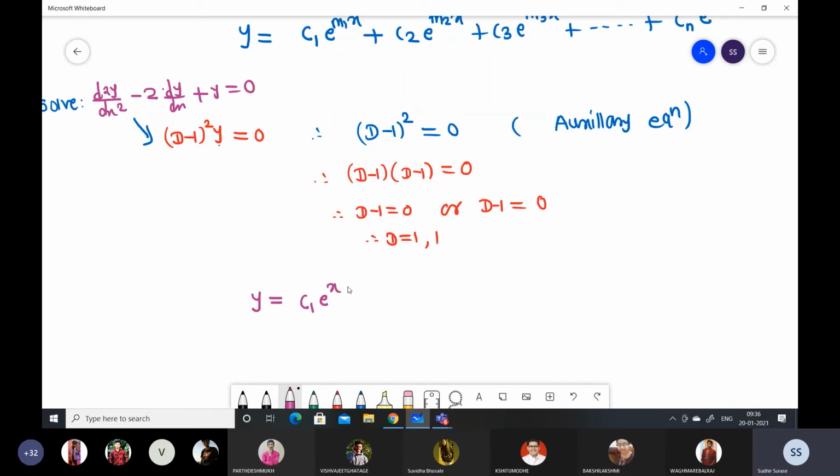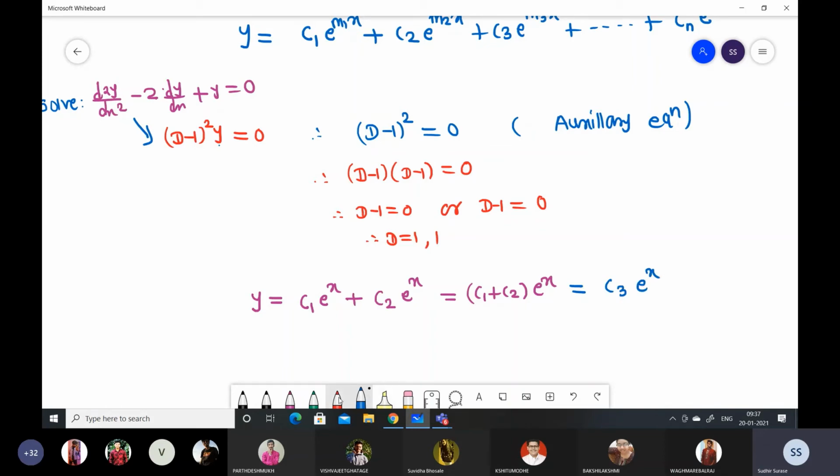And if you get a second root, here the second root is also 1, then corresponding to that c2 e to the power that root. If I solve it further, I get c1 plus c2 times e to the power x. Now I can replace c1 plus c2 by another arbitrary constant, let's say c3. So it will be c3 e to the power x.